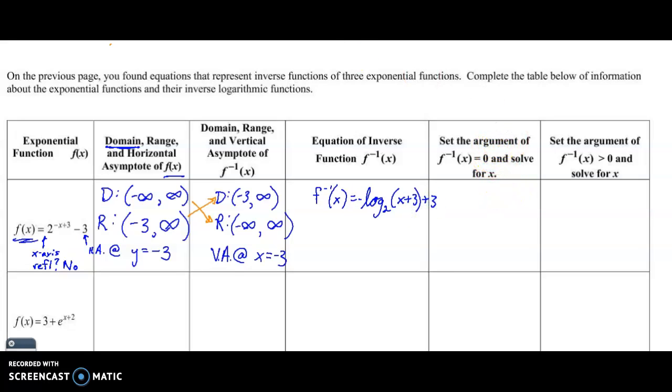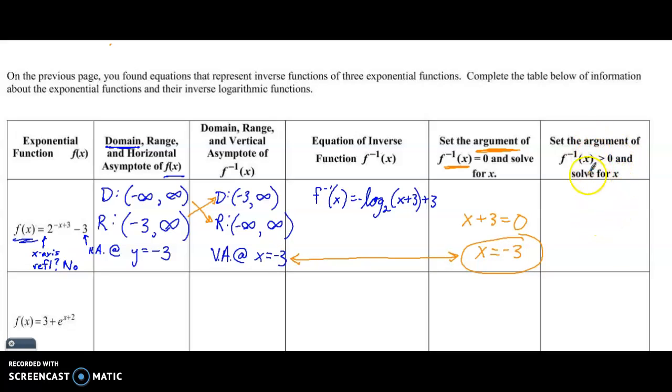And the point is that you recognize what happens when we set the argument equal to 0. We've done this before. If we set the argument equal to 0, we get x equals negative 3. And what you should notice is that's the equation of the vertical asymptote.